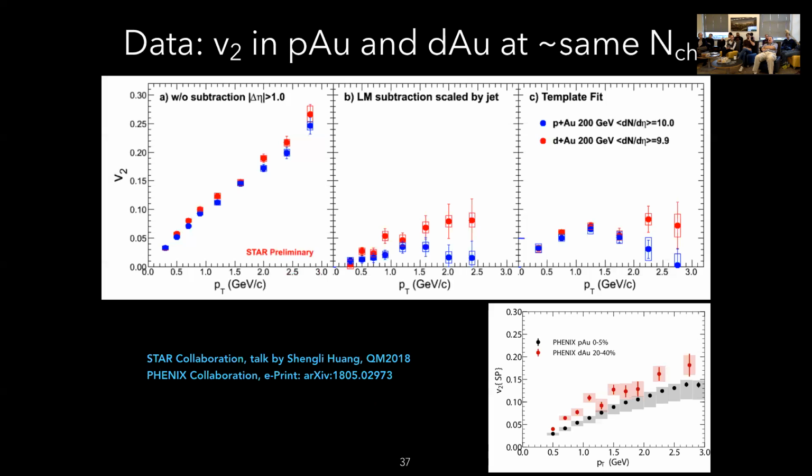It's the same centrality. Yeah, this is also 10 particles per unit of pseudorapidity, same as in this one, roughly. I think they're measured differently. They're measured differently, right? And actually this is much lower also, especially at higher pT. If you look at the scale, this is 0.05, which would be down here. So they differ quite a bit.